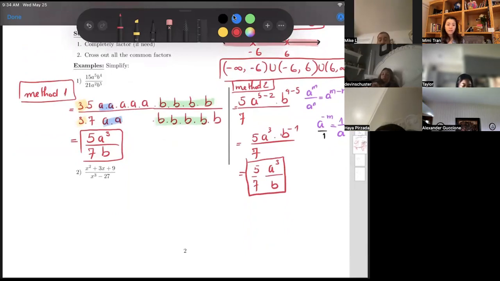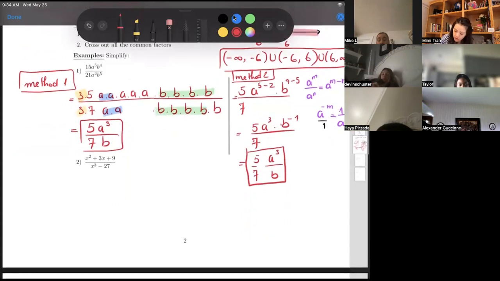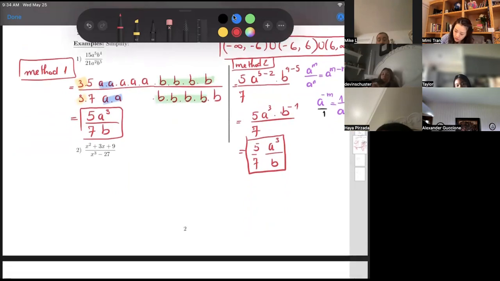Or is it prime? Can you find numbers that multiply to give you 9 and add to 3?